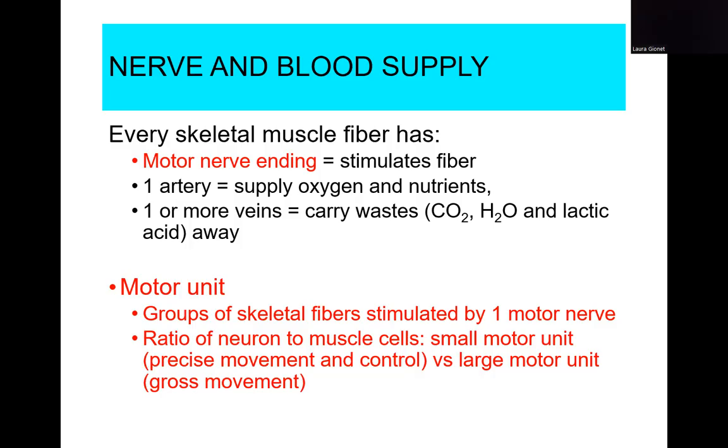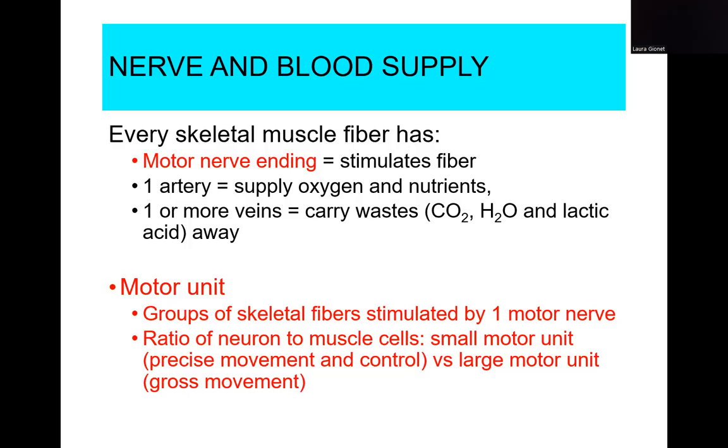So let me explain what we're referring to here. You have a motor neuron that can branch off at its axon terminals to stimulate maybe 10 or 20 skeletal muscle cells, or it might branch off and stimulate 100 or 150 muscle cells.